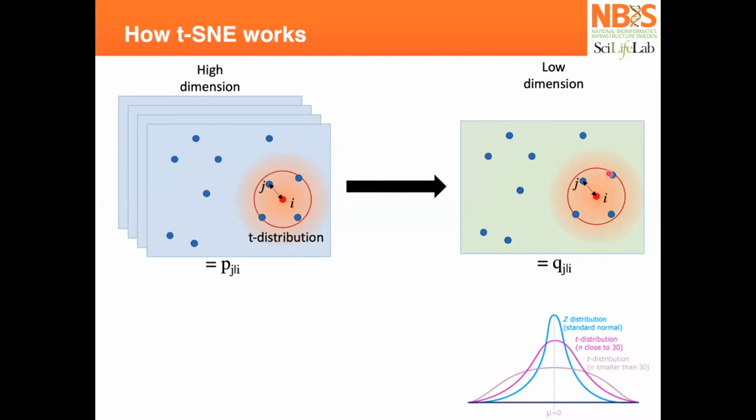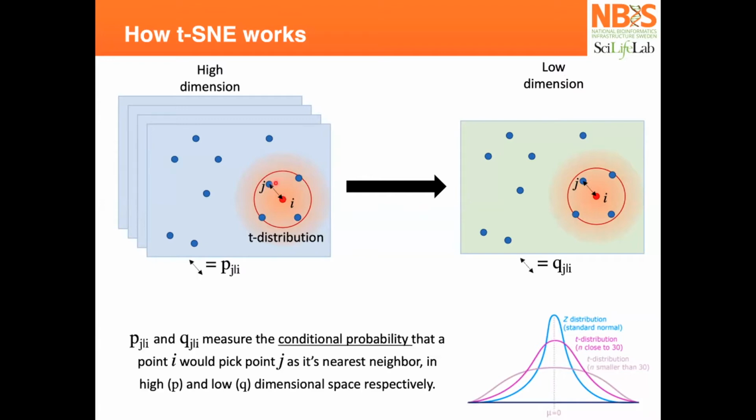So the final dimension should, for example, if you consider point I here, the probability of these two samples being together should be the same, both in the low dimensional space and the high dimensional space. So basically what tSNE will say is that the probability of these samples being together should be the same probability also in the lower dimensional space. So this is the idea of creating an optimized way of representing your data.